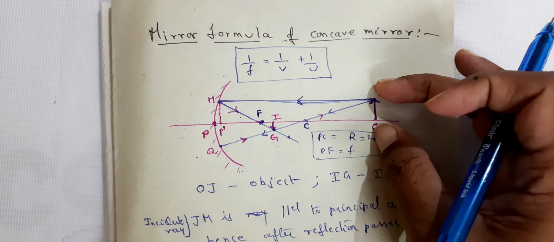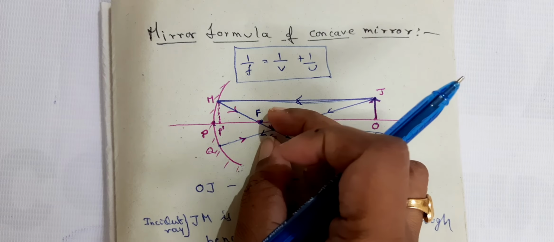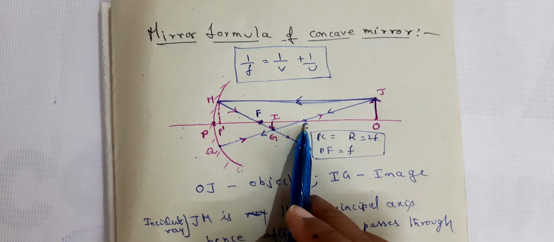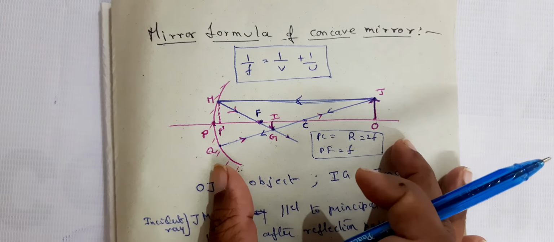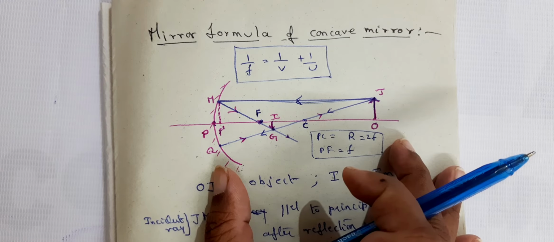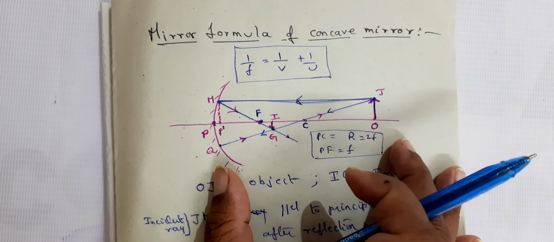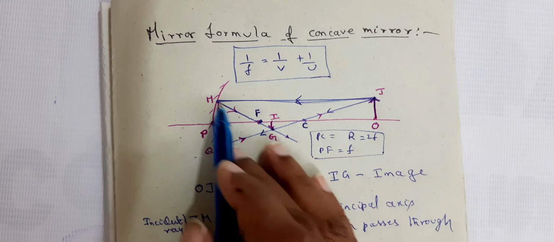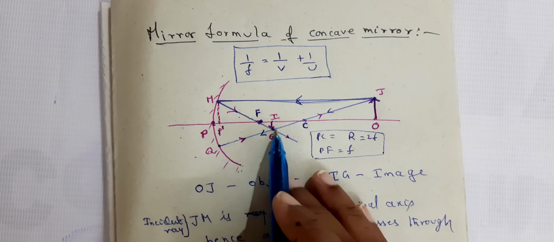This is object OJ, this is image IG, and already you have put P, F, C. In this derivation, we are going to use the principle of similarity of triangles. So we need a triangle here also, similar to this triangle.